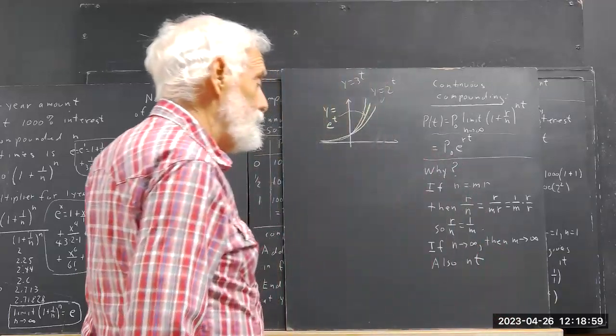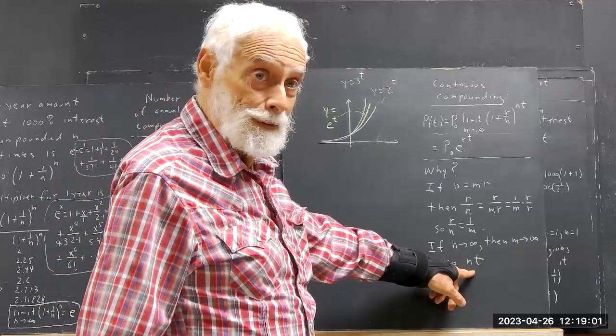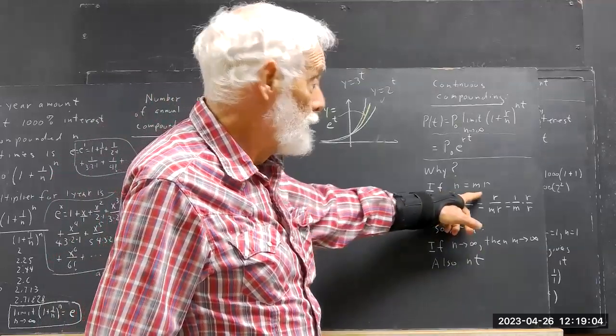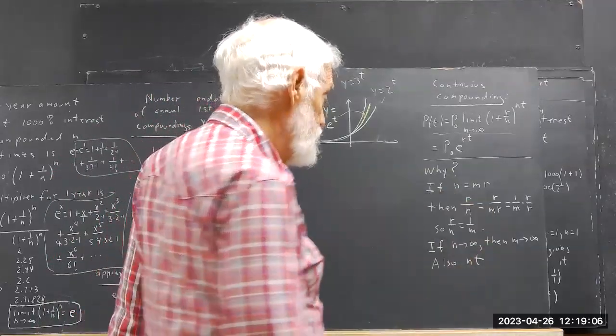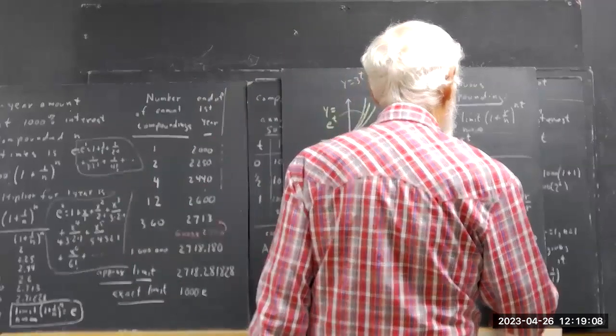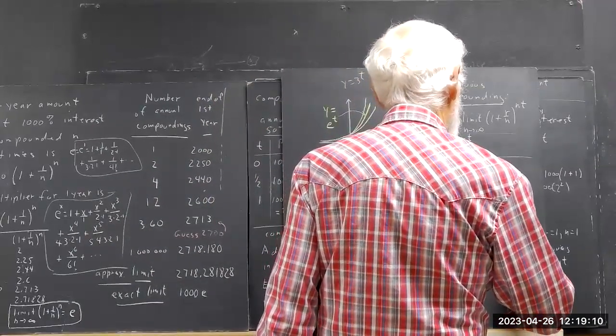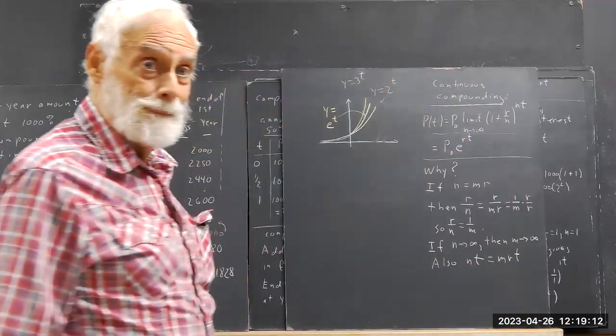Also, what is nt going to equal? Well, if n equals mr, nt equals mrt.